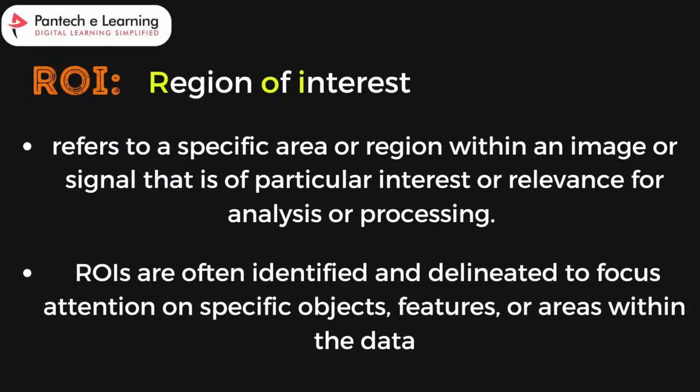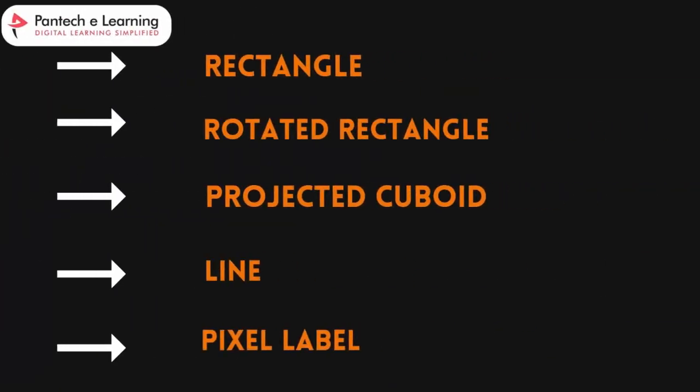It's like a highlighted area in an image or a signal that we want to focus on because it's important for our analysis. We might use it to find objects, track movement, or measure something specific within that area. So this is what the ROI is, and let's talk about the ROI label types.